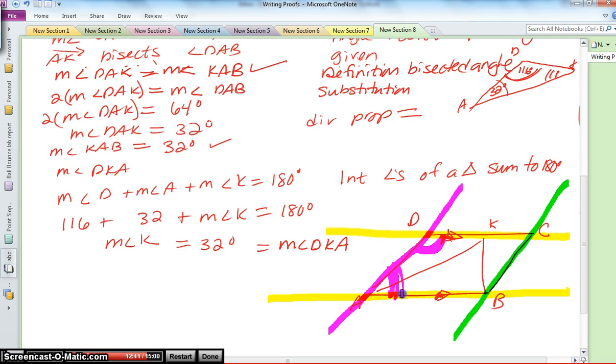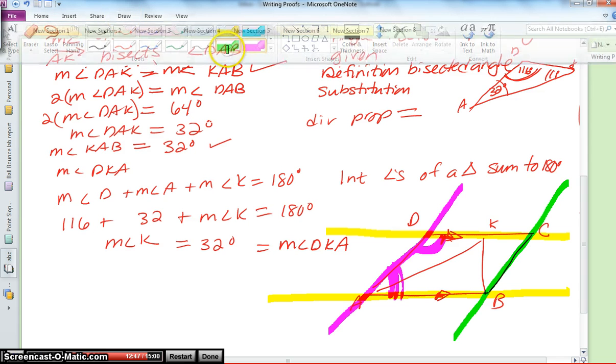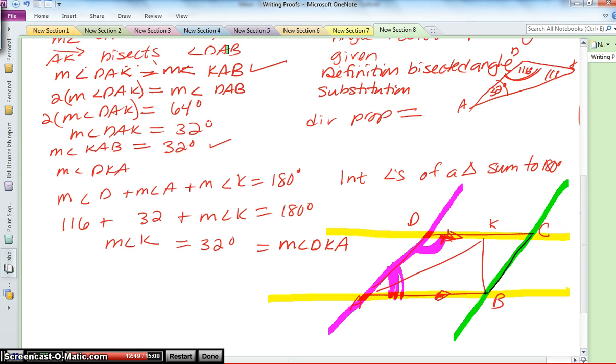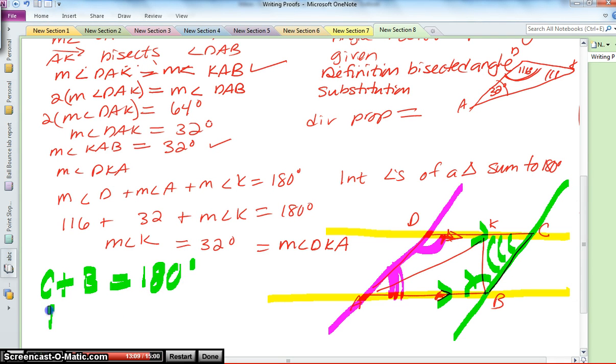So let's mark those differently. And the same side interiors for this transversal CB that go with this pair of parallel lines would be this and this. So C plus B equals 180, and D plus A equals 180 because they are on the same side of their transversals between the two parallel lines.